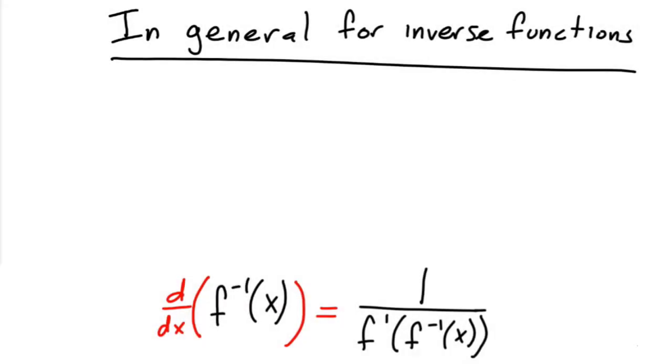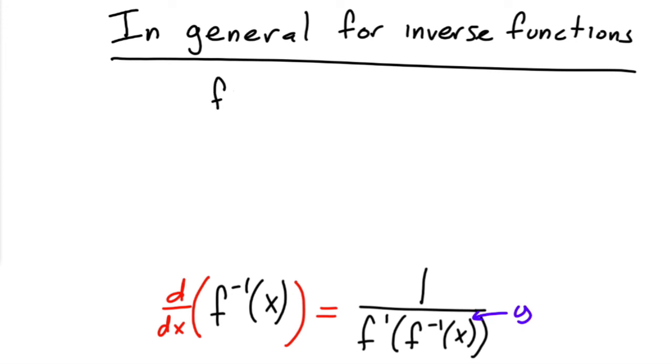So now we have, for the general case, for the derivative of inverse functions, it equals 1 over f prime, the derivative evaluated at the inverse function. Or another way of thinking about this is, think of this guy as y. So where does that one come from?